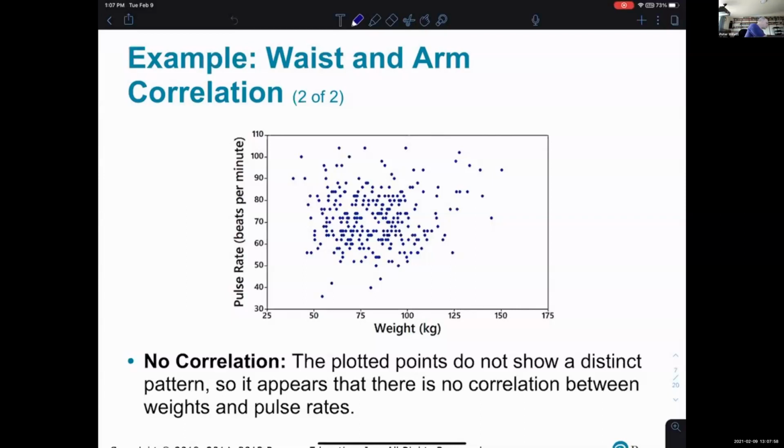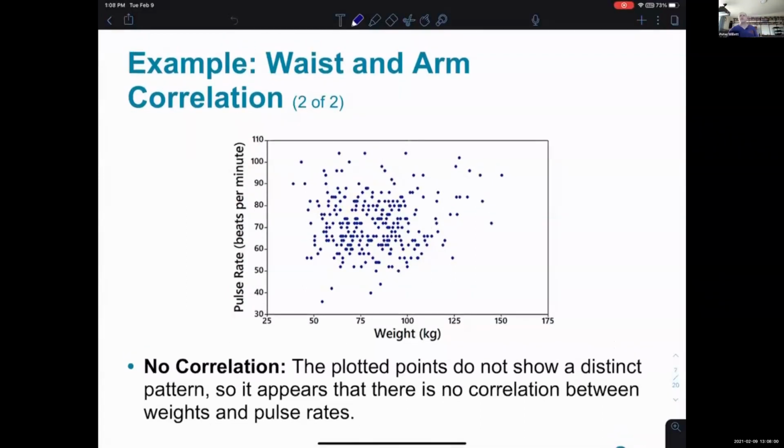Now, pulse rate, resting heart rate, is often a consideration of good health. For example, athletes in general often have lower resting pulse rates. As people become less athletic, more of a couch potato, it might be of concern if their resting pulse rate gets higher. That can lead to high blood pressure and things like that.